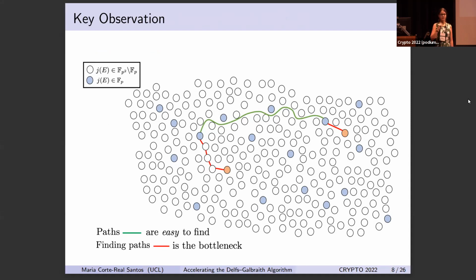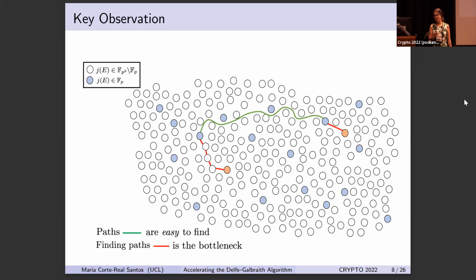But a subset of these have J invariants defined over FP, and this defines an FP subgraph. And the paths in this FP subgraph are comparatively easy to find, whereas finding paths from nodes defined over FP squared to the nodes defined over FP is the bottleneck. This takes a longer time.